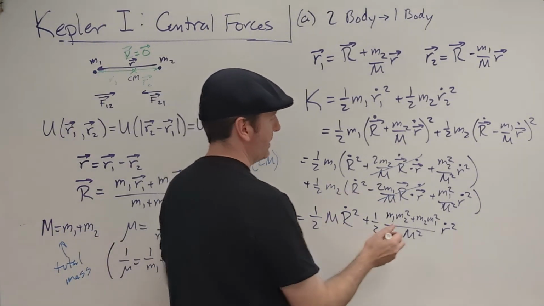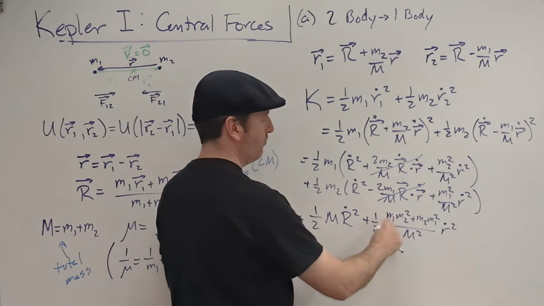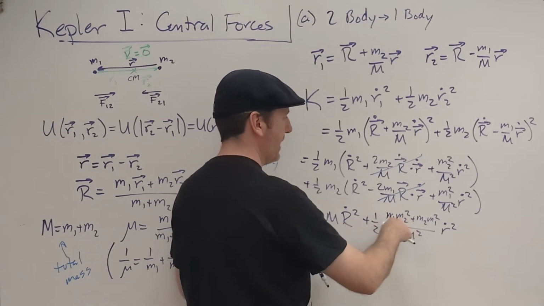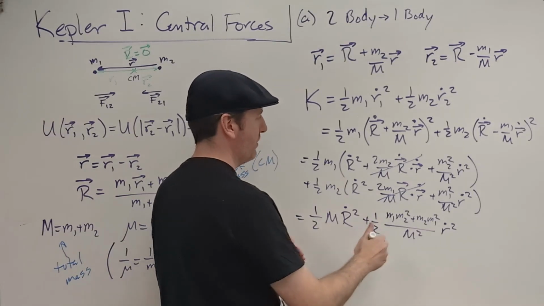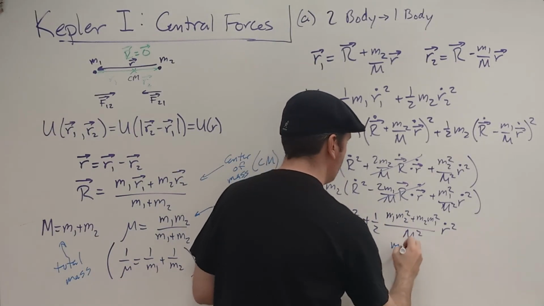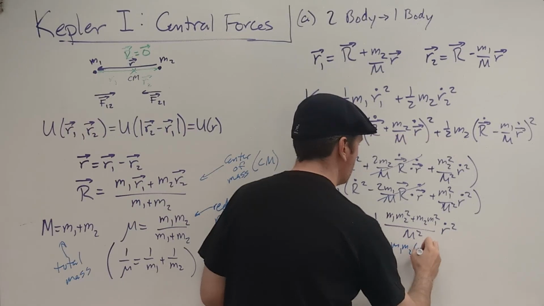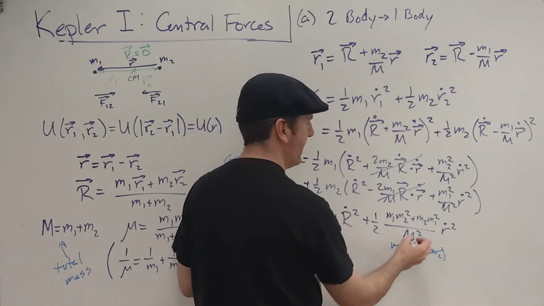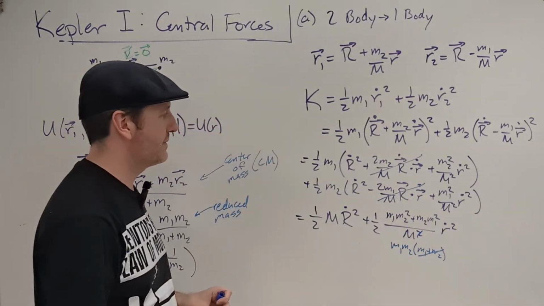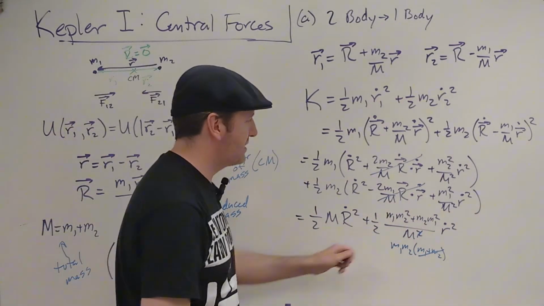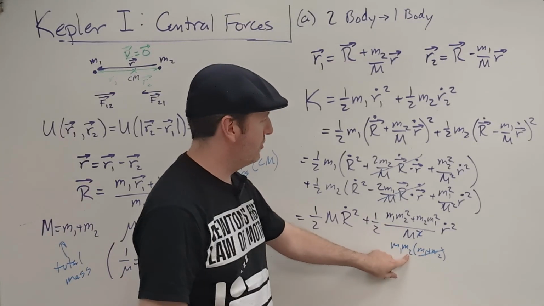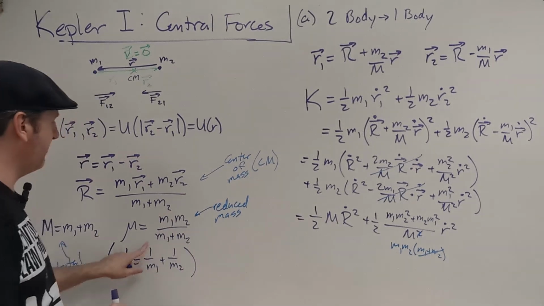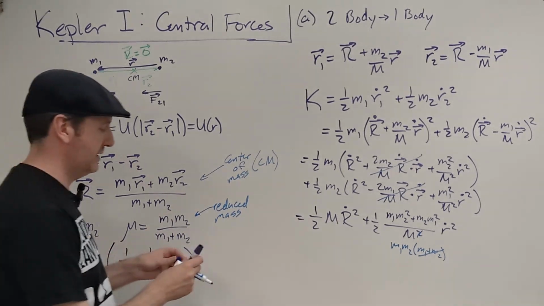I can factor out an m1 from both of these, and I can factor out an m2 from both of these. And when I do that, I'm left with an m1 m2 times m1 plus m2, but that's just big M. So I can cancel that with one of the powers downstairs. But what does that leave? It's m1 times m2 over m1 plus m2, which is exactly the definition of the reduced mass.